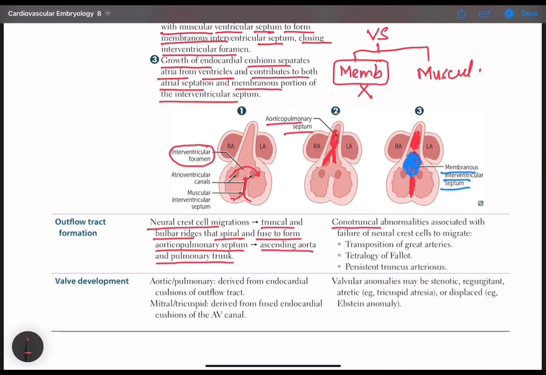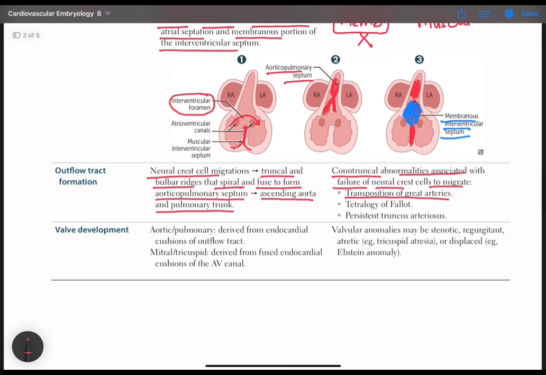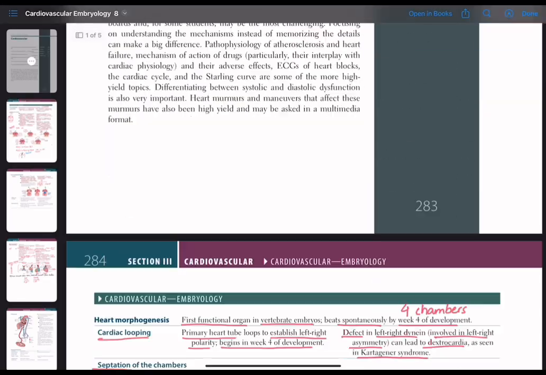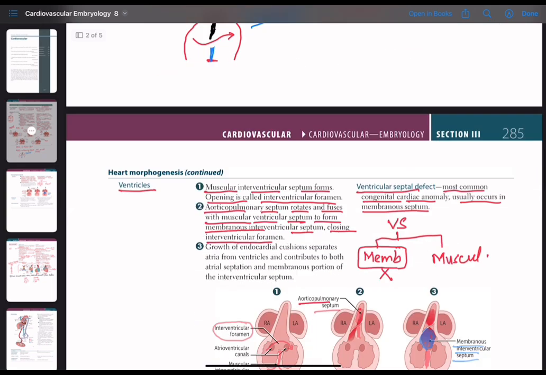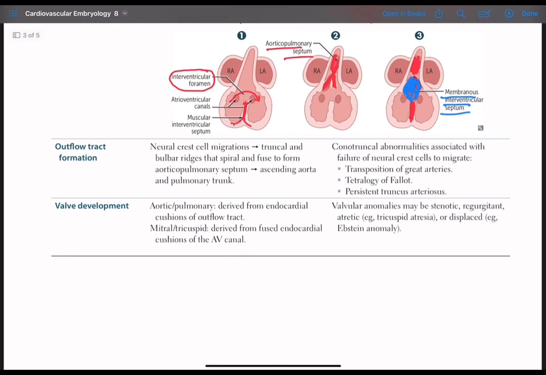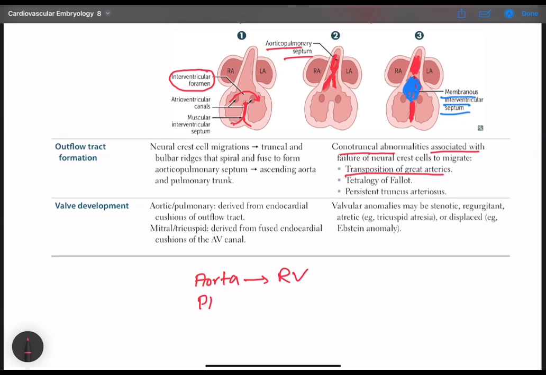The conotruncal abnormalities are associated with failure of neural crest cells to migrate. First, transposition of great arteries, where the aorta emerges from the right ventricle and the pulmonary artery emerges from the left ventricle.